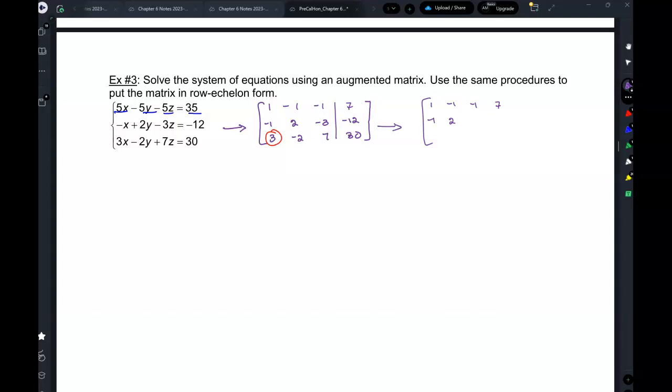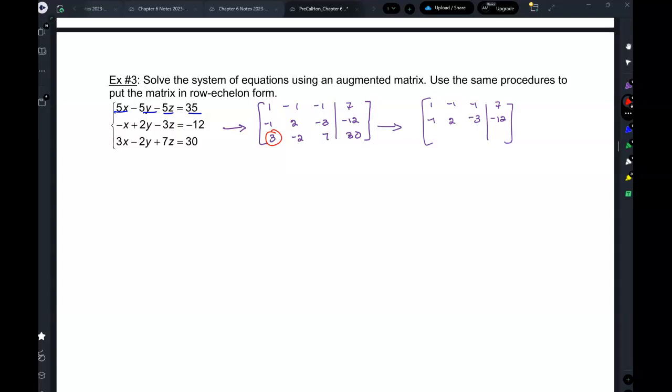Also, once we get a little bit more savvy with these, you don't have to restrict to one step each time. You can do multiple steps in one. Okay, so I'm going to get rid of that 3. What I do is this. I look at the first column, and I ask myself, how can I combine the circled number with one of the ones on top in order to make the circled number 0?